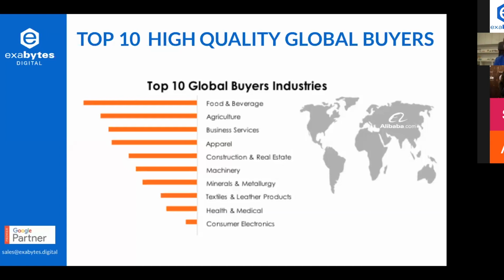Developers can also use it to source construction materials at a lower, more affordable price, and machinery too. Especially if you want to do digital transformation or even Industry 4.0, you can start searching, and you don't need to go to the fair to look for the machine. You can source the machine on the platform.